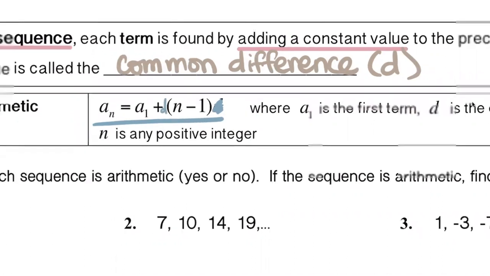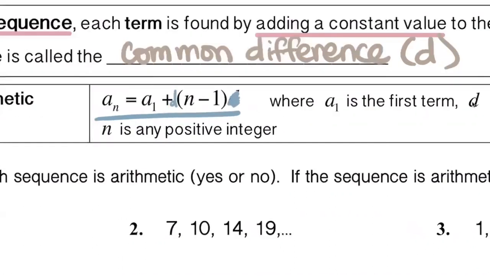All right, so how this works is this A sub 1 represents the very first term. That's what the subscript 1 means, which term it is. So A sub 1 is the first term. D is that common difference. And N is which term we want.